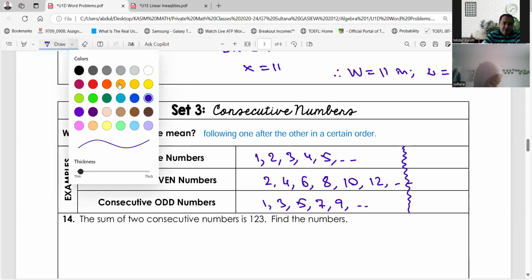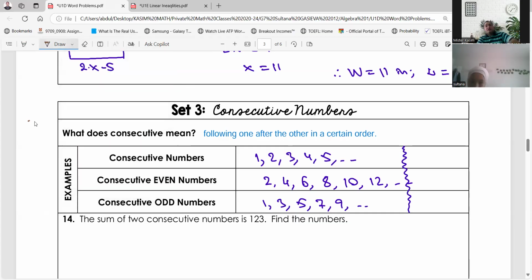Now let me just draw a line here. If I ask you, Sultana, can you tell me two consecutive integers? 5 and 6, right? How about three consecutive integers? For example, 1, 2, 3 or 3, 4, 5, right?